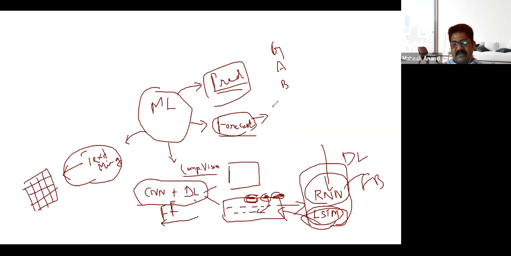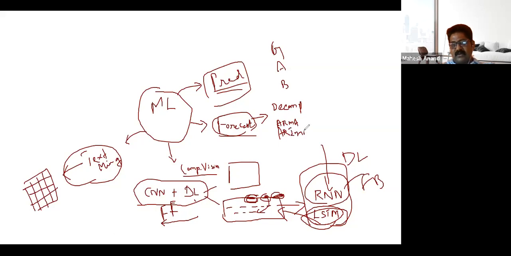What do I mean by classical models? We have a bunch of algorithms for predictions. For forecasting, we also have classical models, starting from simple decomposition algorithms to ARMA models, auto-regressive moving average models. We have auto-regressive integrated moving average models, and so on.